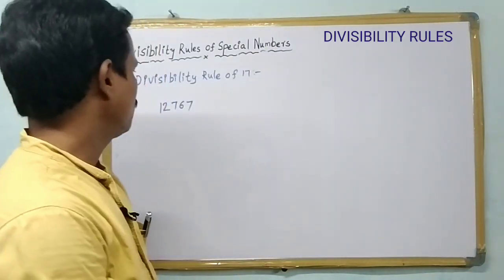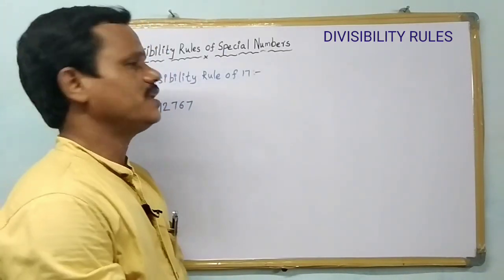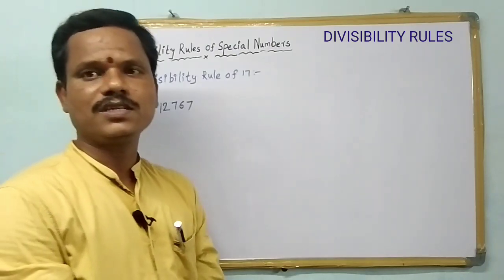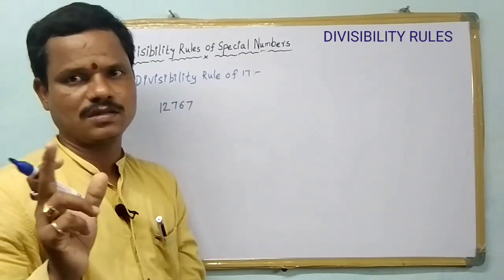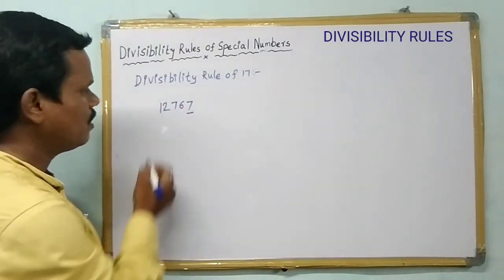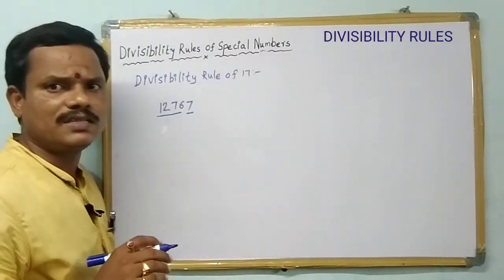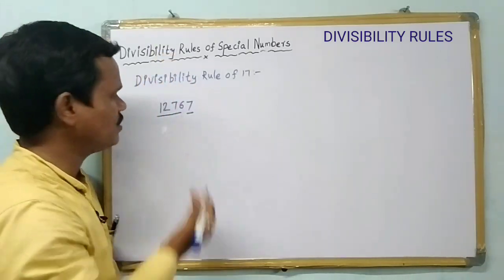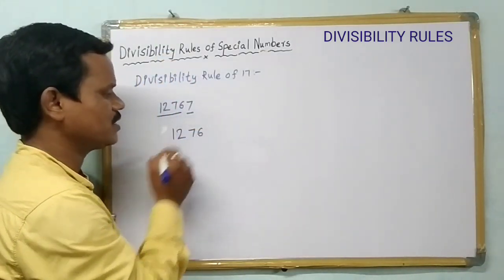Another example, 12767. Is it divisible by 17? Check. Same procedure. Step 1: divide it into 2 parts. The unit digit is the first part, here 7. The remaining number 1276 is the second part. Now write the second part as it is, 1276.